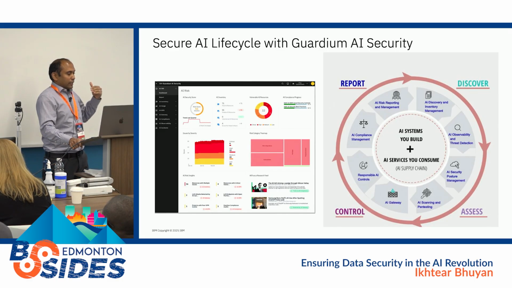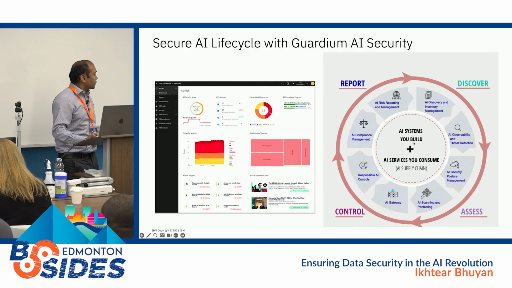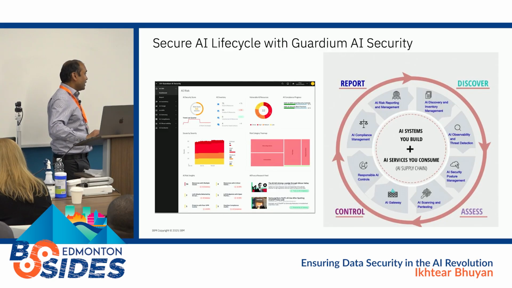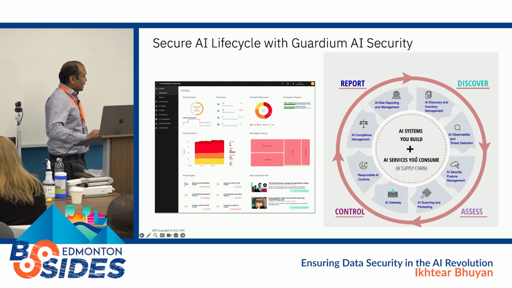Then it can pass it to my AI model. And once it is coming into my AI model, with the processing, it will send some data. But before sending that data, I need to filter it, because I don't want to share any PII information, company confidential information, or any patents of my organization to the outside. So this firewall provides you the functionality so that you do not send confidential information from your model to the outside.